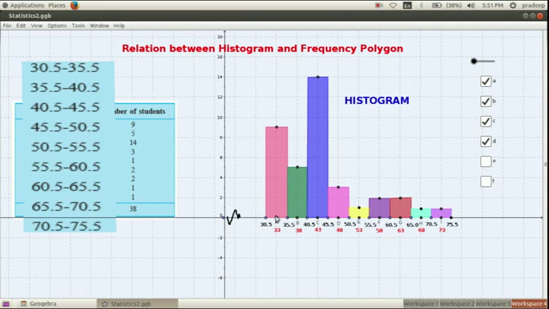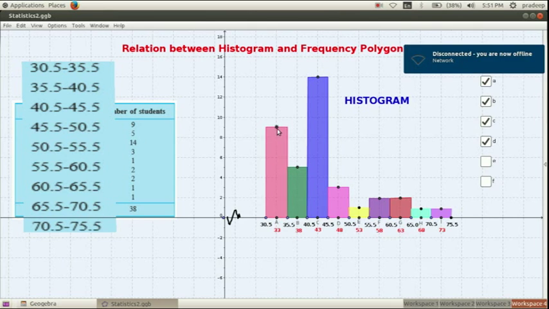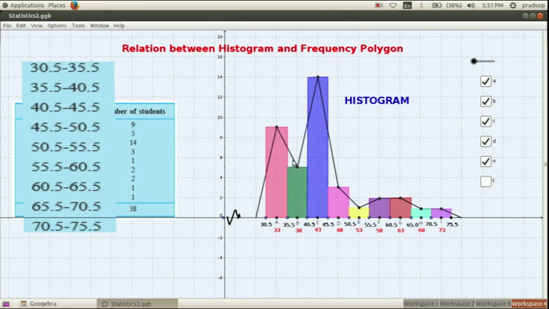After marking the class marks, we can have a point right above each class mark at the height of the corresponding frequency. Then by joining those points, we will get a graph. Here we should have a point and here also, and those points are the class marks of a class just before the first class and just after the last class.